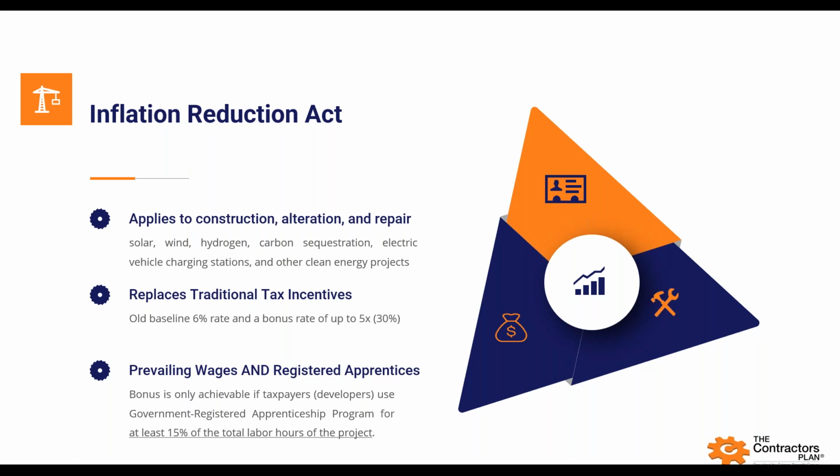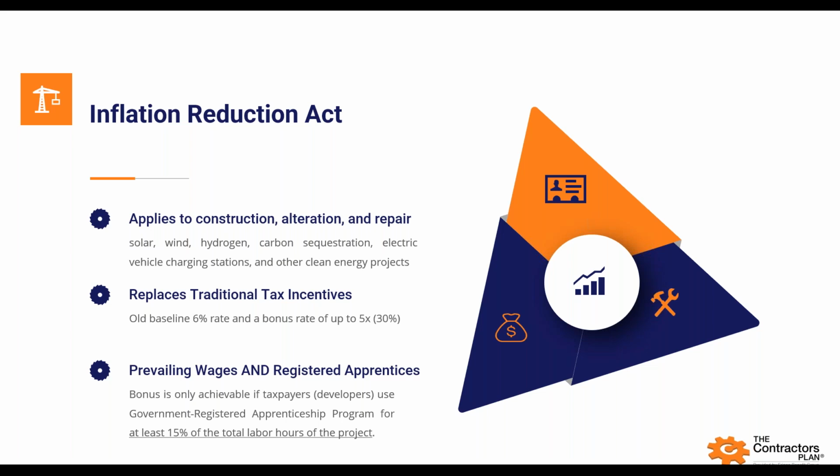There's also car charging stations and other clean energy, like solar and wind projects. The Inflation Reduction Act is interesting because it removes the incentives that were previously there and replaces them with the same incentives if you, as a contractor, pay prevailing wages and have registered apprenticeship as a part of that project. 15% of the total craft labor hours of a project must be government registered apprenticeship programs.